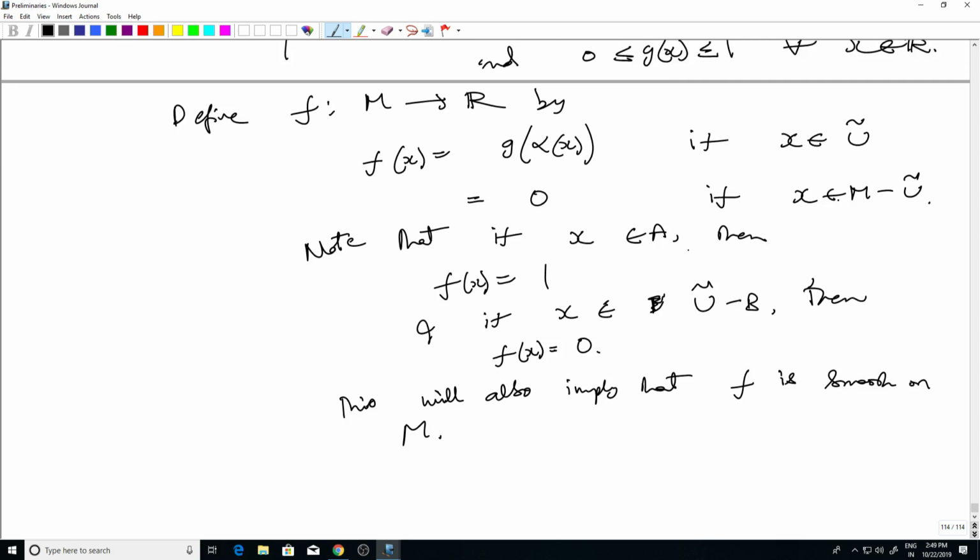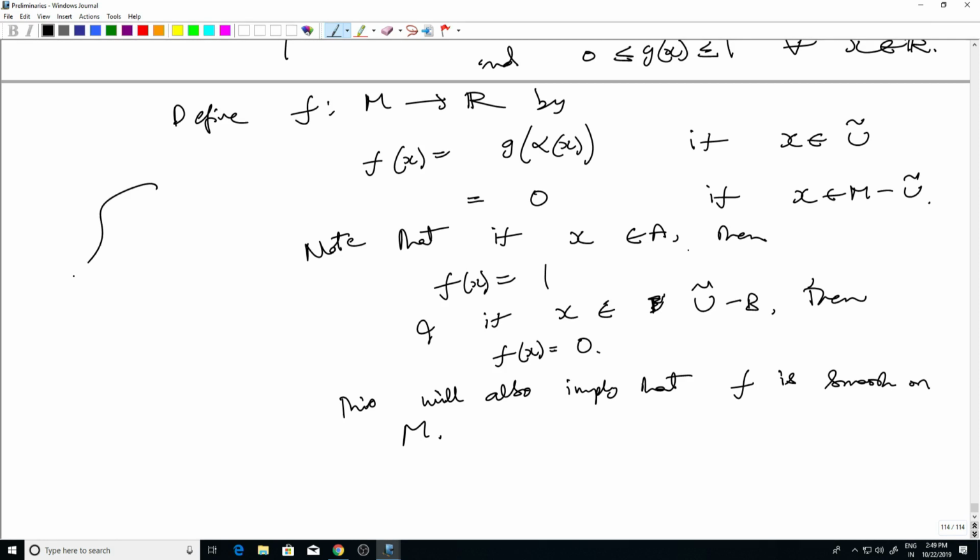One is x belongs to M minus U tilde closure, which is an open set. There f of x is identically 0. Similarly, if x belongs to U tilde, which is an open set, f is smooth. The question becomes what happens if x belongs to the boundary of U tilde. But it's not an issue, because if x belongs to U tilde minus B, already f of x is 0.